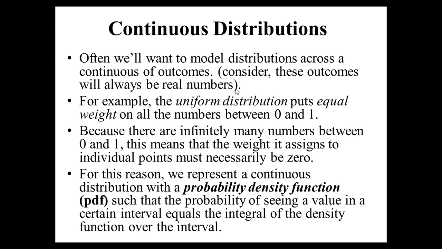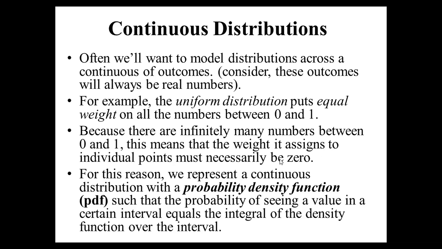For example, the uniform distribution puts equal weight on all numbers between 0 and 1. There can be multiple numbers between 0 and 1, and each one has equal weightage. Because there are infinitely many numbers between 0 and 1, the weight assigned to individual points must necessarily be 0.